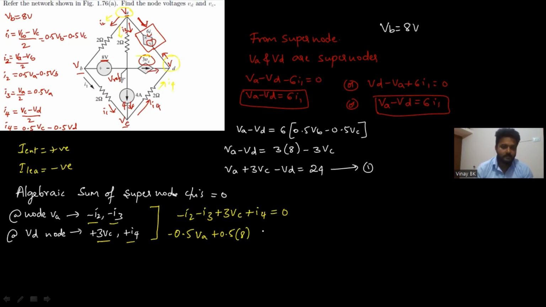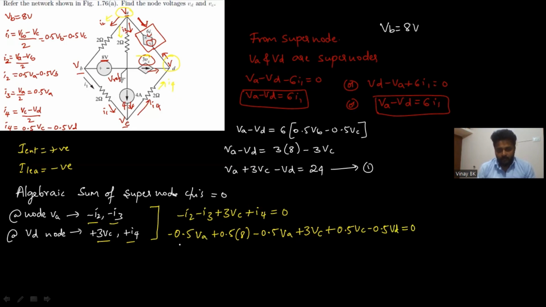Minus I3, and I3 is 0.5 VA minus 0.5 VA. Similarly, plus 3 VC as it is, plus I4. So I4 is nothing but 0.5 VC minus 0.5 VD, so that's 0.5 VC minus 0.5 VD equals 0.